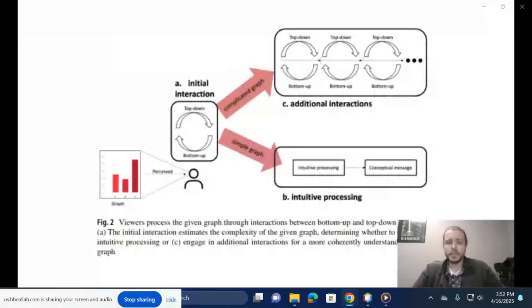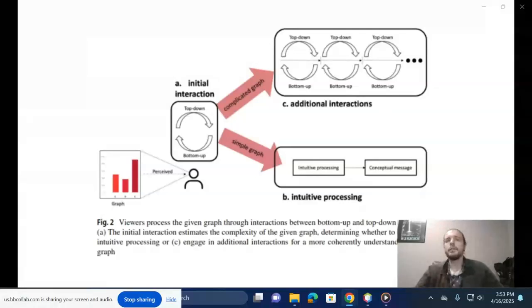When we see a visualization, a chart, a graph, a plot, we make a knee-jerk judgment of it, whether it's complicated or simple. If it's simple, we just intuitively process it really quick and pick up a conceptual message from it. If we interpret it as complicated, then we start entering a cycle of top-down and bottom-up critical thinking examination of the visualization.